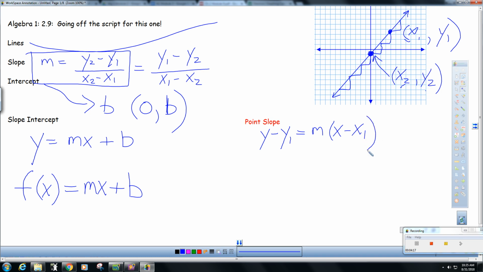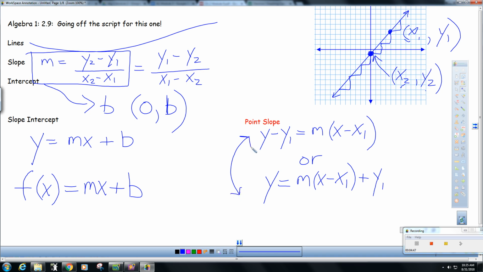Or this book likes to write it as y equals m times x minus x1, and then they just added plus y1. So they added a y1 to both sides. It's really important you understand that these two things are the same equation, just written two different ways.